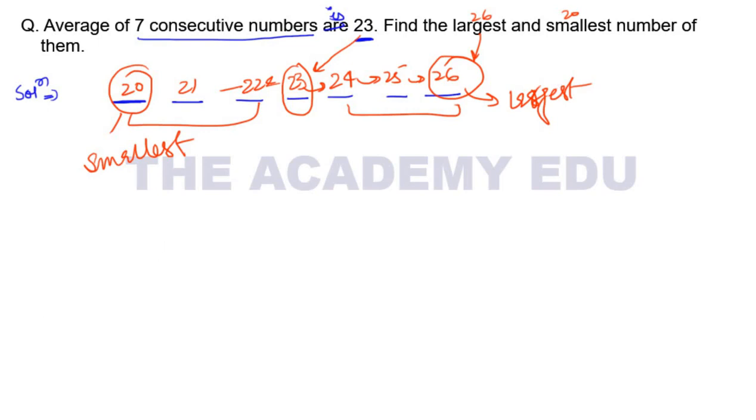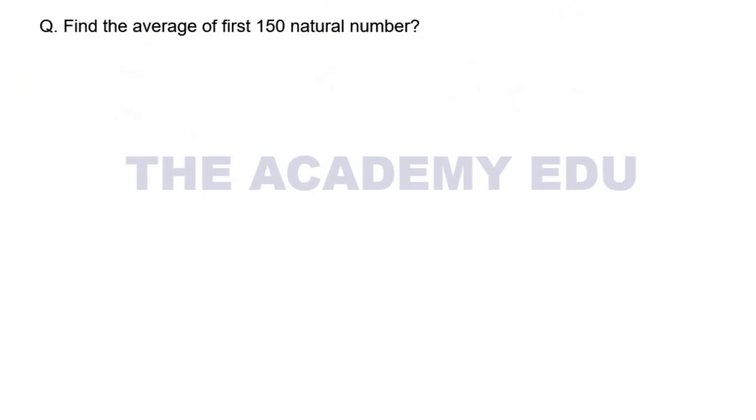Let's move to the next question. Find the average of the first 150 natural numbers. So, my dear students, what are the first 150 natural numbers? Natural numbers start from 1. Whole numbers start from 0, but natural numbers start from 1.